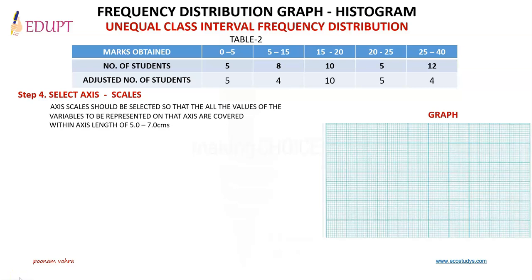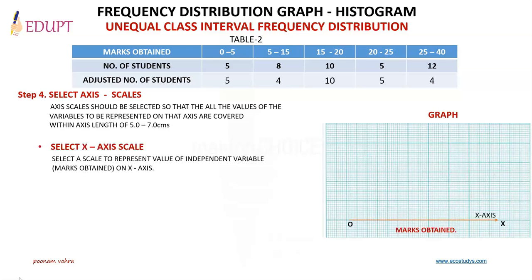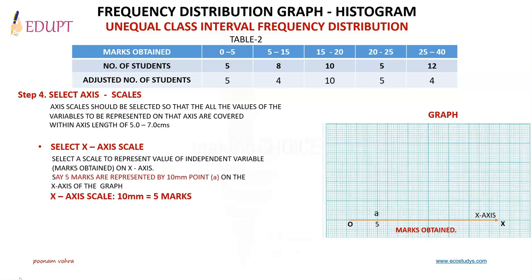So the next step is you need to select the scales of both the axes. It should be selected in such a manner that the values of the variables to be represented on that axis are covered within an axis length of 5 to 7 centimeters. For x, the scale is, say, 5 marks are represented by 10 mm, point A, as depicted here on the x-axis.